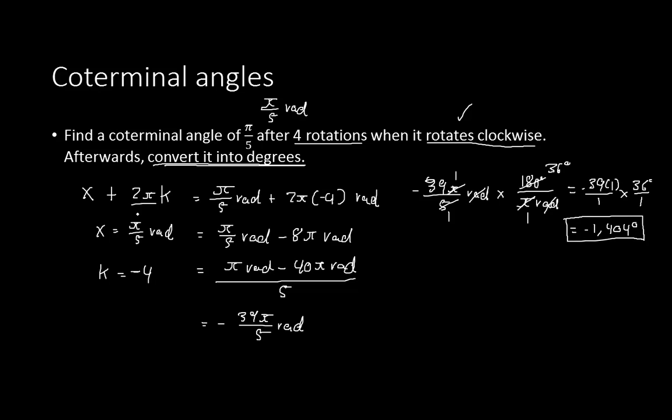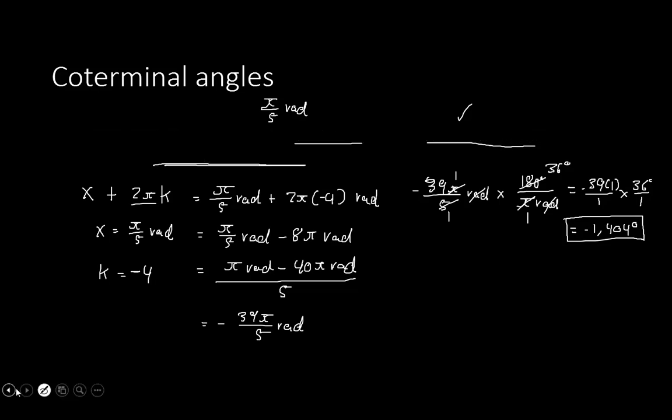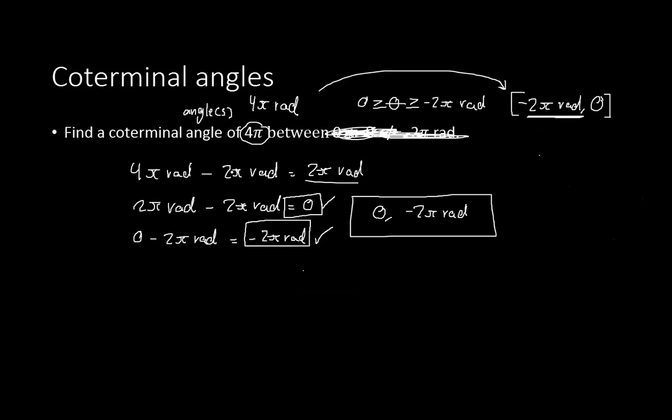Remember what we did here? We consecutively subtract 2 pi, or add 2 pi rather if we are asking for a positive coterminal angle.